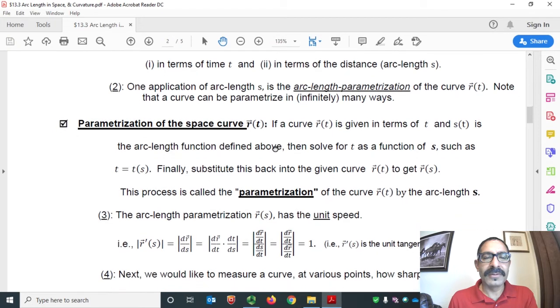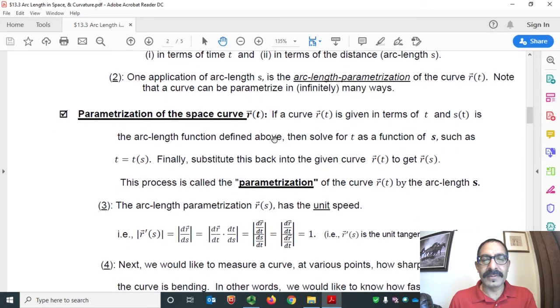Next, let's talk about parameterization of the space curve. If a curve is given in terms of t and s is the arc length function defined as above, then solve for t as a function of s.